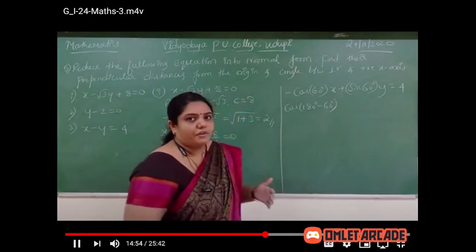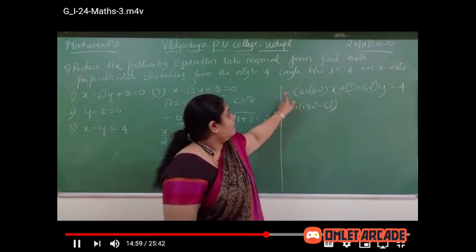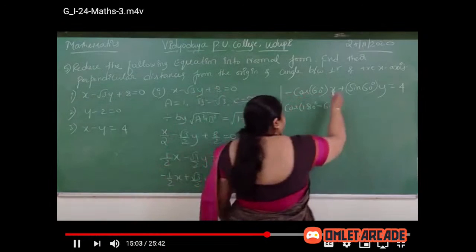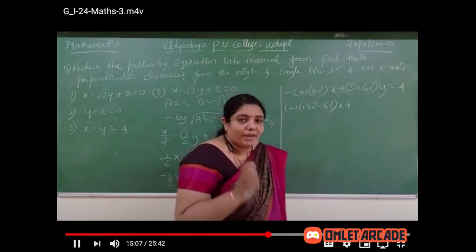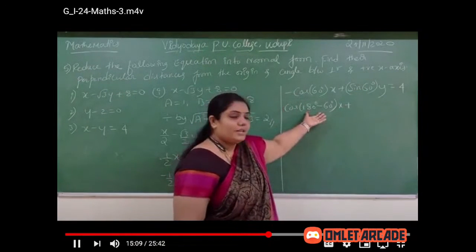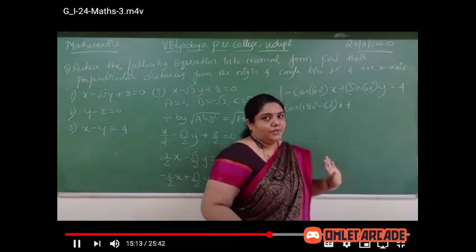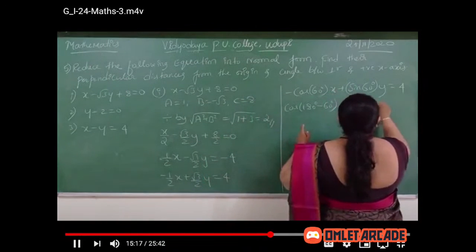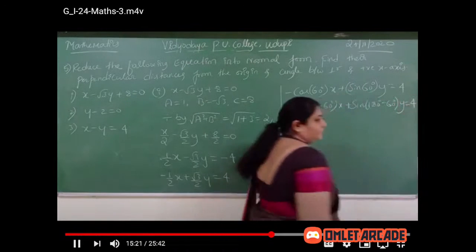I am converting into normal form, so to remove this negative, I write from allied angle minus cos 60 as cos of 180 minus 60 into x plus here sin 60. I mean omega should be the same, isn't it? Whatever you will get here, the same omega should be here also. So can I write sin 60 as sine of the same thing, 180 minus 60, into y is equal to 4?